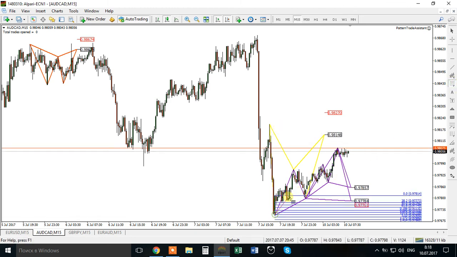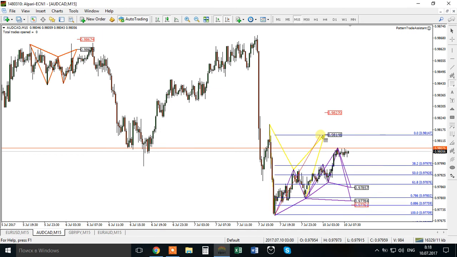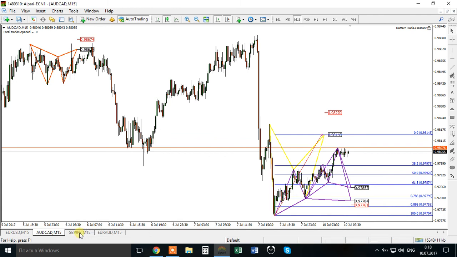So if criteria are met, then the pattern is drawn. So Aussie Canadian bad pattern, the entry is 98.14, the stop loss is 98.27, target 1 is 97.97, target 2 is 97.87.